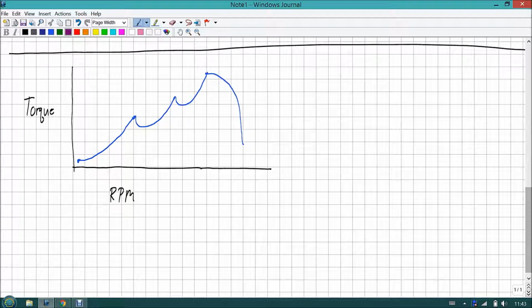So on this one, we can say that from point A to point B, we are increasing, and increasing pretty steadily. But from B to C here, notice how we have this sharp drop.